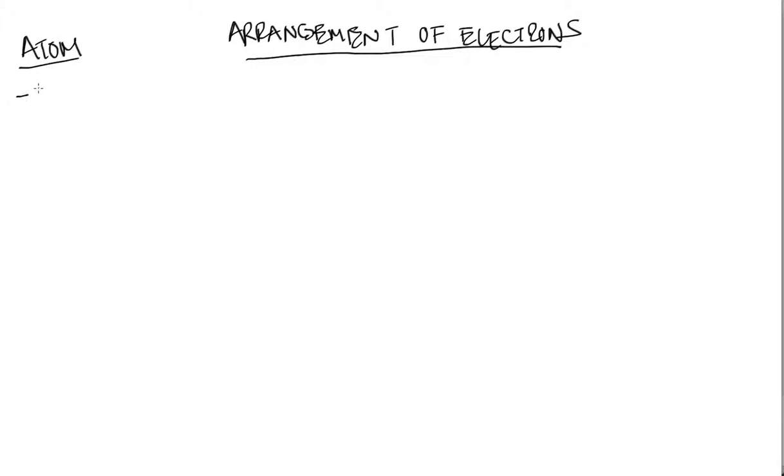So the atom is made up of protons, electrons, and neutrons, but it is the electrons that we're interested in.